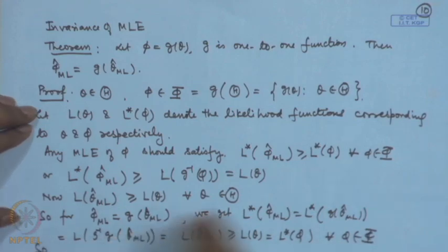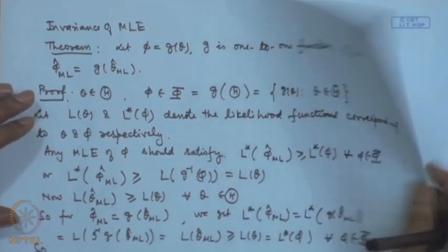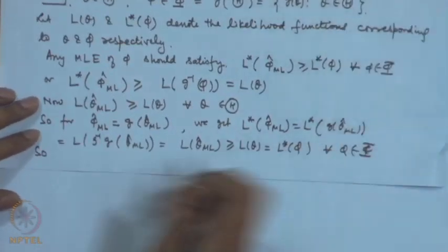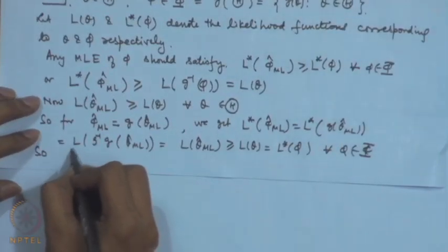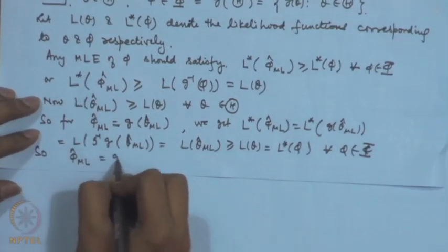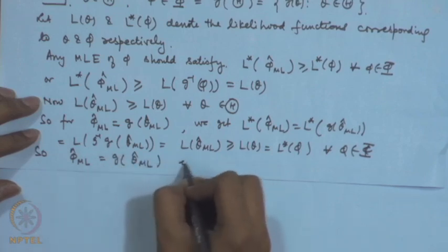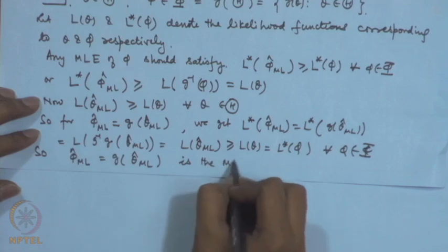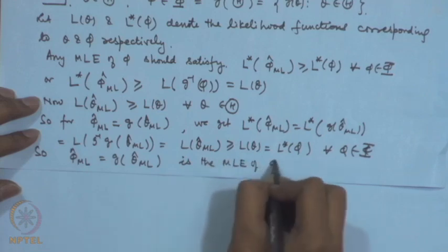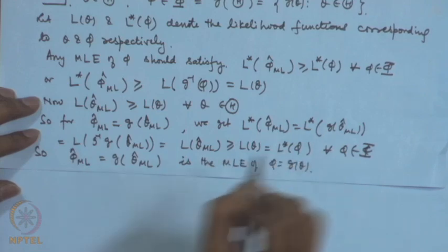So, we can say that phi hat ML equal to g of theta hat ML is the MLE of phi equal to g(theta).